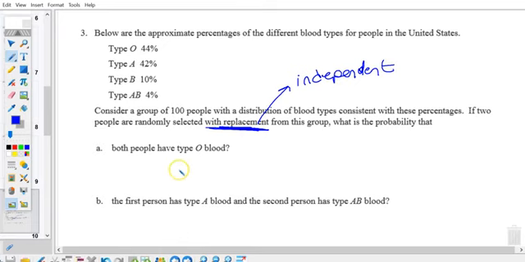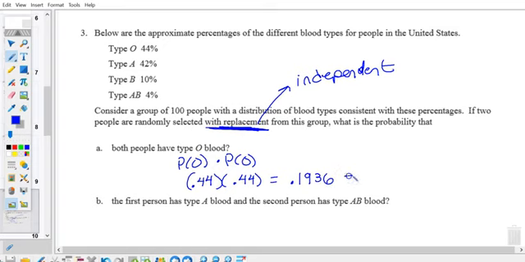So if they're being replaced, that's the probability of type O times the probability of type O. So that's 44% multiplied by 44%. So 19.36%.